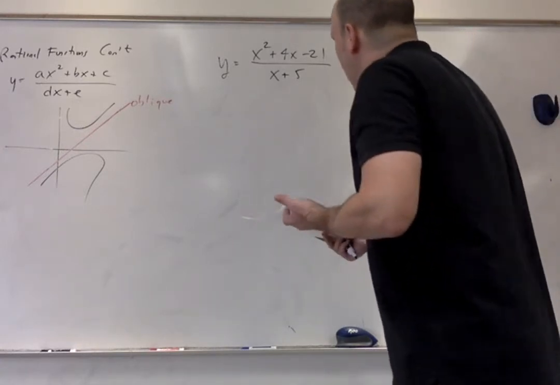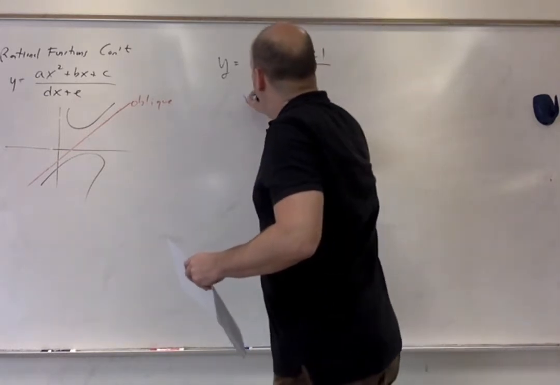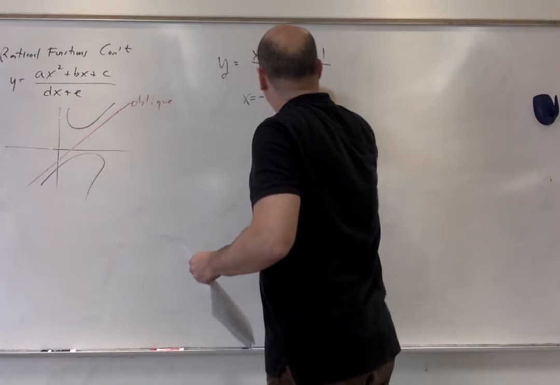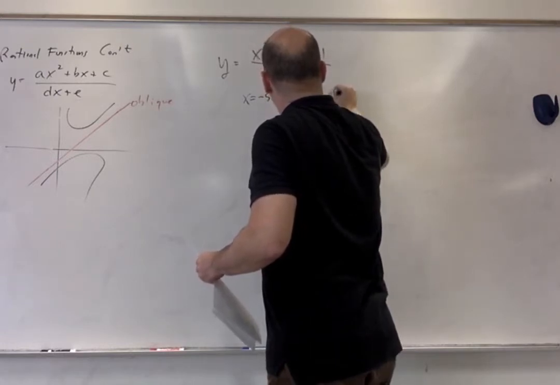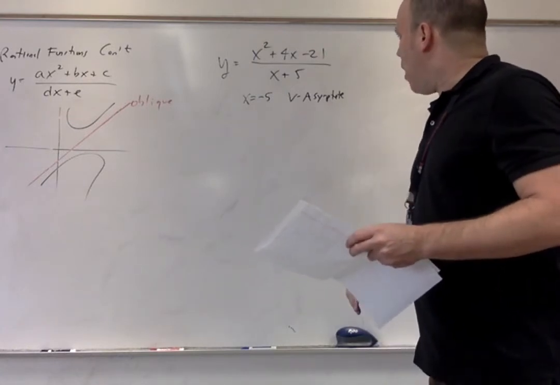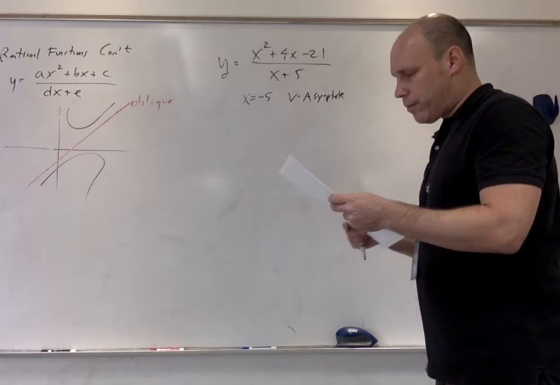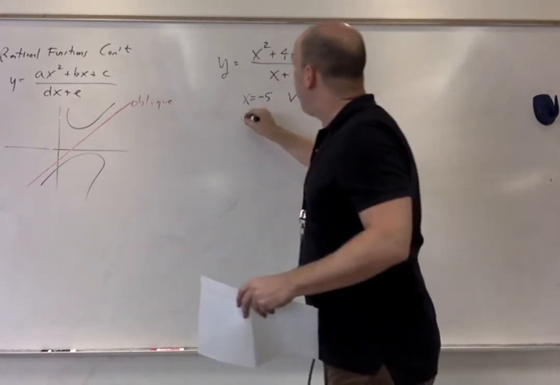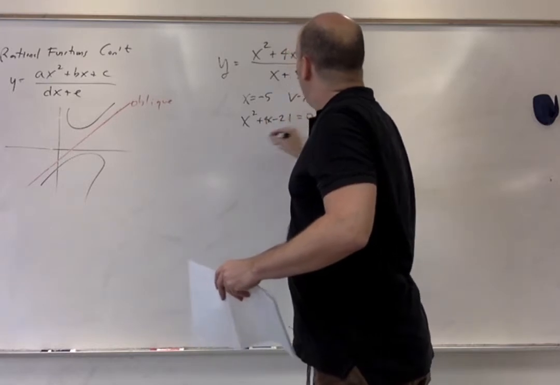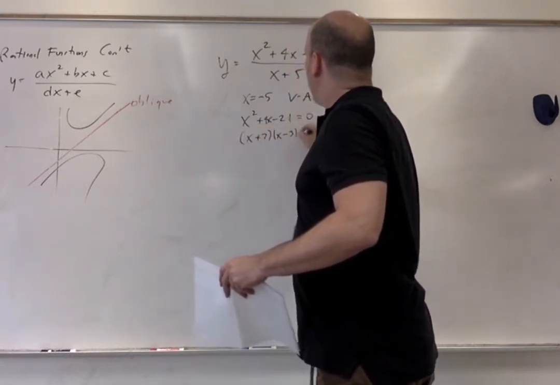What's going on here? Well, the first thing I notice is that x equals negative 5 is a vertical asymptote. What else? I know that I can set the numerator equal to 0. So it's x plus 7, x minus 3 equals 0.